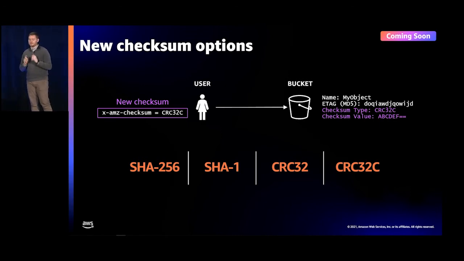We will preserve the checksum value you provided during lifecycle transitions, replications, moving to another storage class, or any other S3 operation. Even after 100 years, and not all of us are going to live another 100 years, when you download the object, we will use the exact same checksum you provided at the time of upload to offer you end-to-end data integrity, and we will validate it on that download as well.